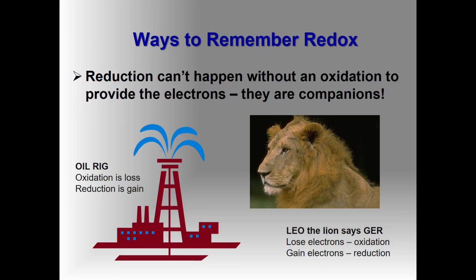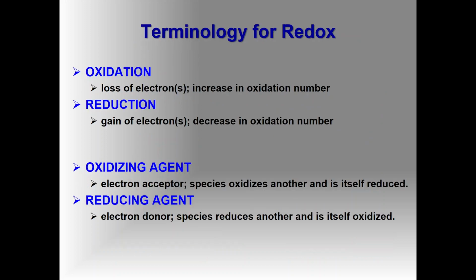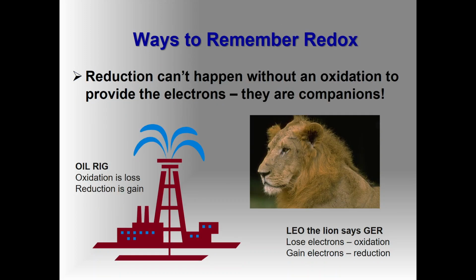And also, the fact that you're reducing something means gaining is backwards thinking, but it's in reference to oxidation number. You're reducing the oxidation number by gaining electrons.